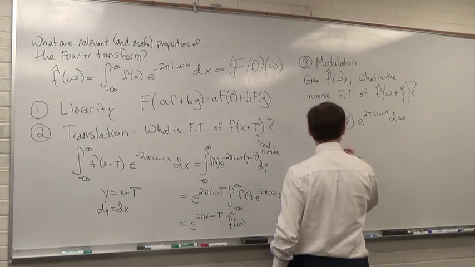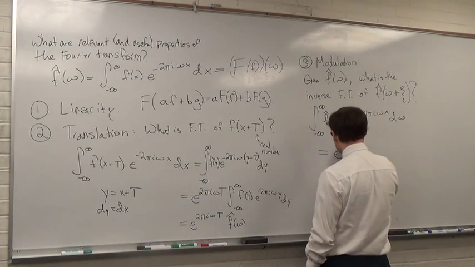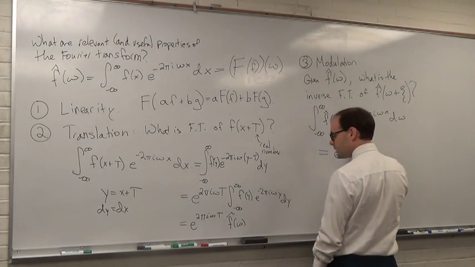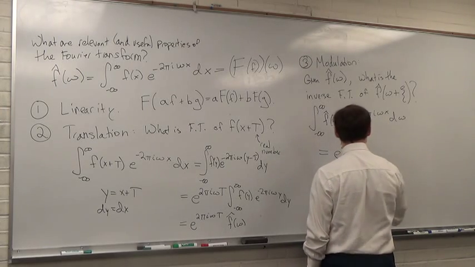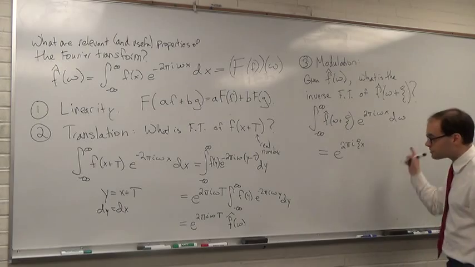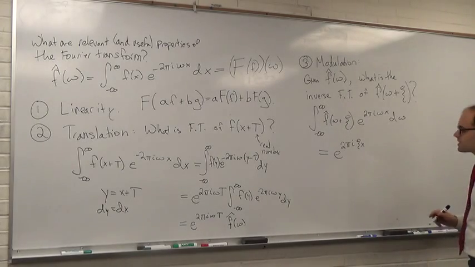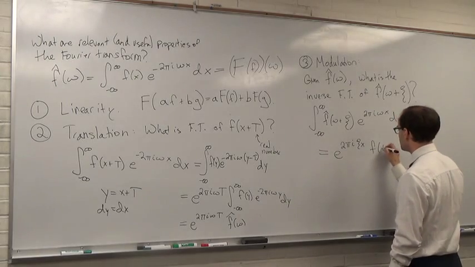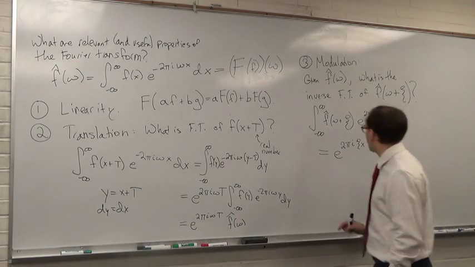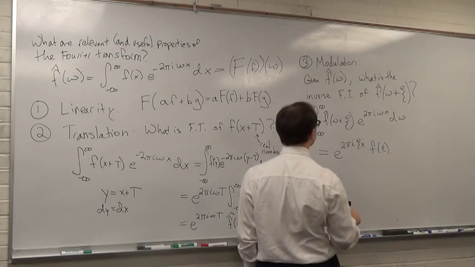I can cut to the chase and just write this immediately as e to the 2 pi i c x, substituting the variables as appropriate, times f of x.